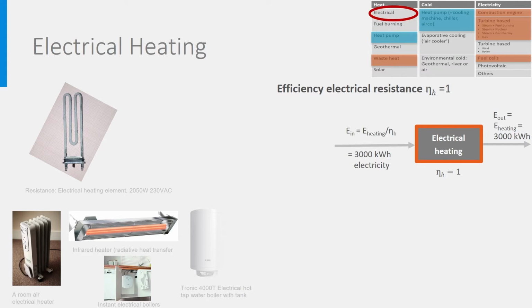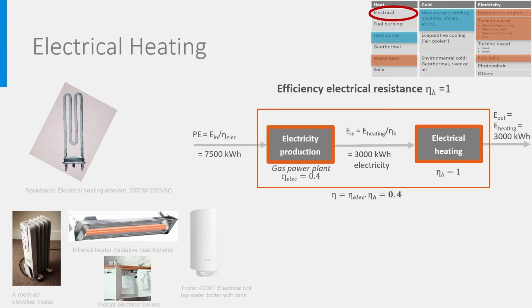Let's consider that the electricity is produced in a gas power plant. The efficiency of such a power plant is around 0.4. So, the annual primary energy, representing the energy content of natural resources, is 3000 divided by 0.4, which is 7500 kilowatt-hour. So, the true efficiency of electrical heating is not 1, but 0.4.